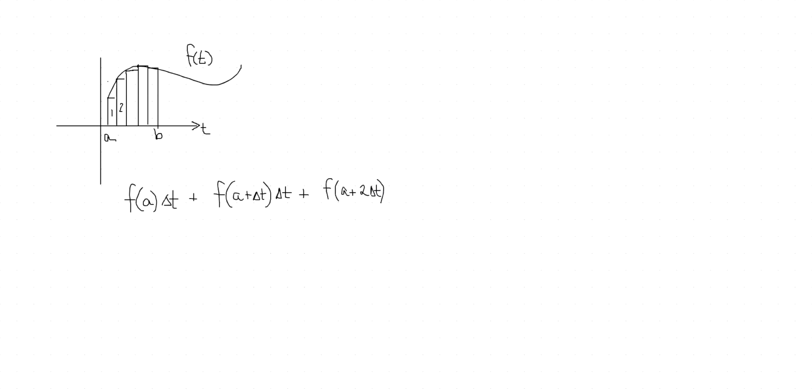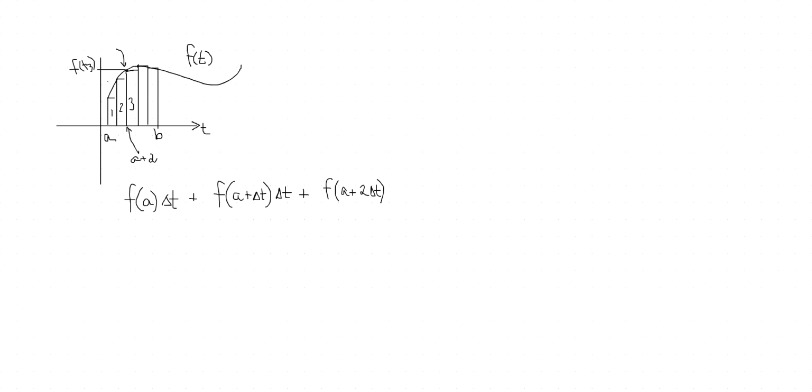This is the t value right there. And this is the height, f, right? And I'm going to write it as f of t3, just so that I can not clutter that axis up too much. But we know that t3 right here is equal to a plus 2 of the interval widths.